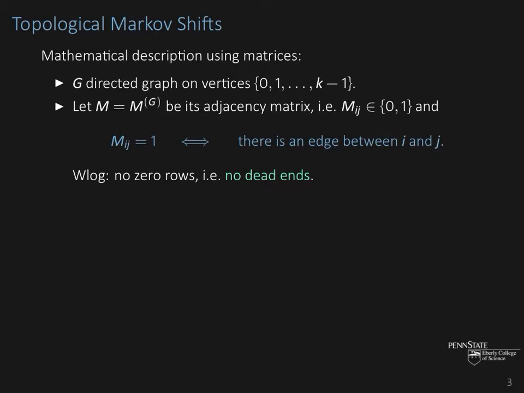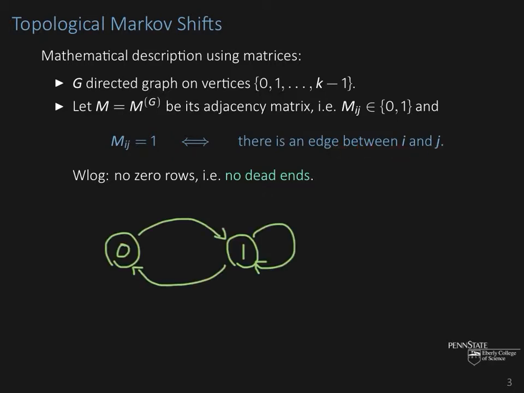And then we let M be the adjacency matrix of the graph. That means all entries are either 0 or 1, and we have a 1 at the position ij if and only if there's an edge leading from i to j. We're looking at directed graphs, so you should understand this as an edge from i to j.